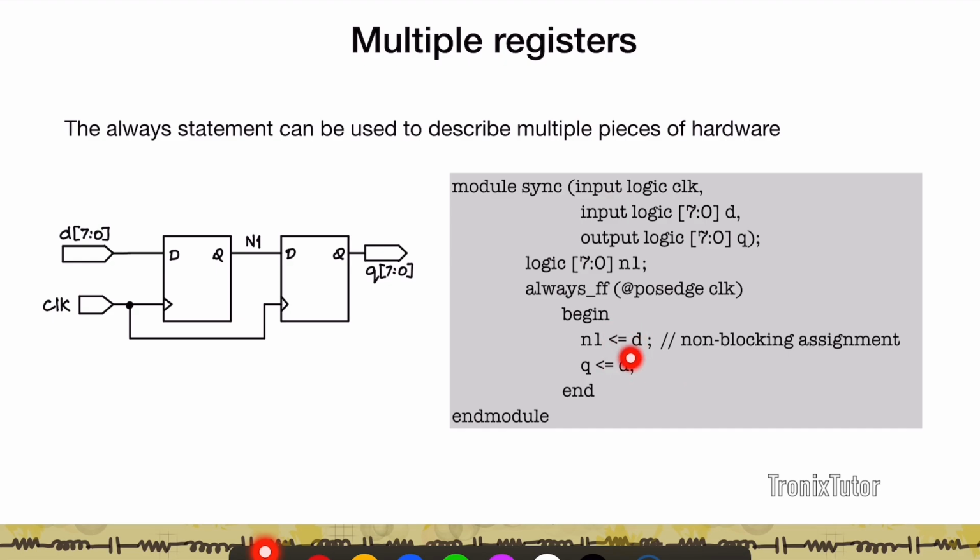They're not necessarily going to be executed sequentially, and that's the basic difference between a blocking and a non-blocking assignment, right? So in this case, both these statements get evaluated at the same time. Whatever was the value of N1 gets transferred to Q at the clock edge, and whatever was the value of D gets transferred to N1 at the clock edge.